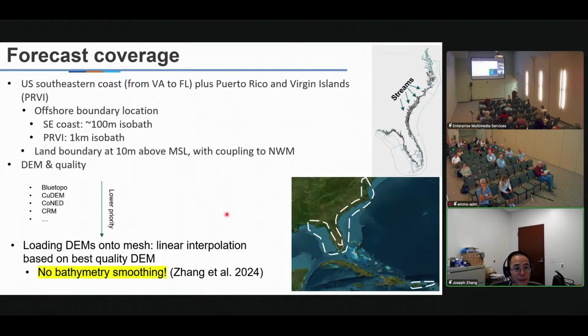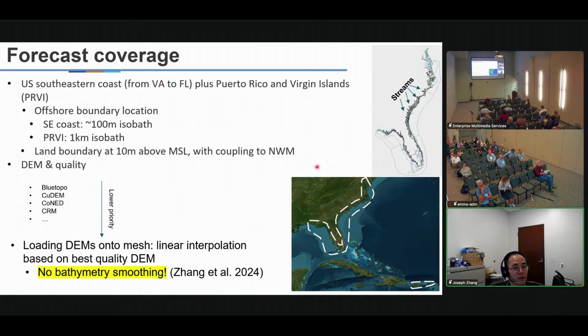CCOFS will cover the southeast part of the United States, from Virginia to the Florida Panhandle. In addition, this is something we did very differently. I think it's the first time we use SCHISM to cover a disjoint domain: Puerto Rico and the Virgin Islands.